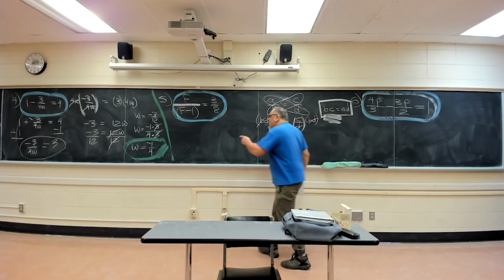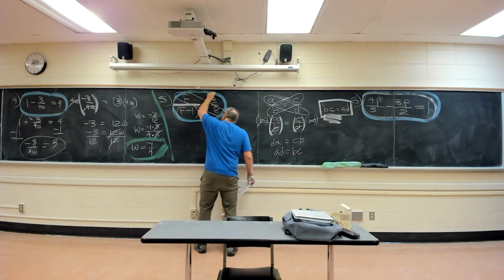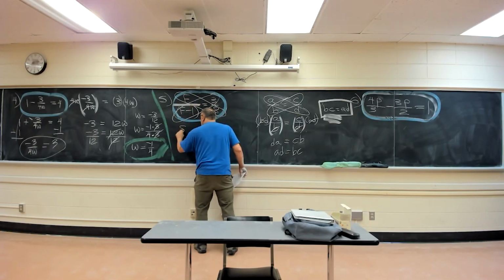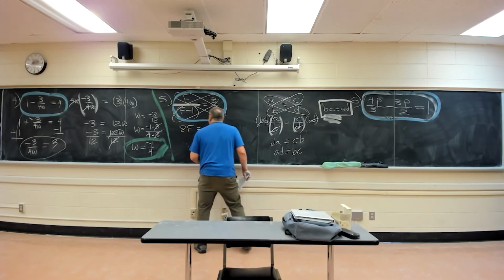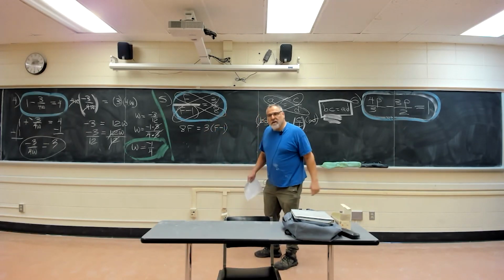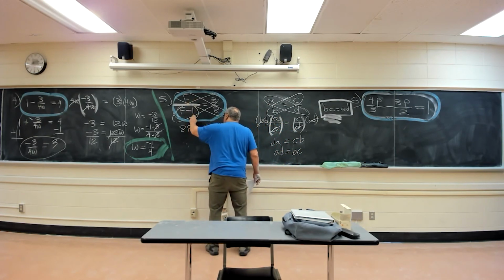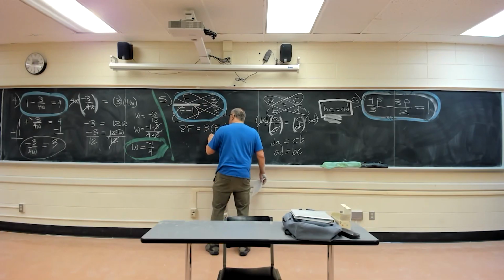Well, if that's the case, I think it's probably your easiest way out of it. It's not the only way out of this thing, but it might be the easiest way out of it. 8 times f, 8f. 3 times f minus 1 is this. That's all it is. Remember, it was like a over b, c over d. BC is BC.